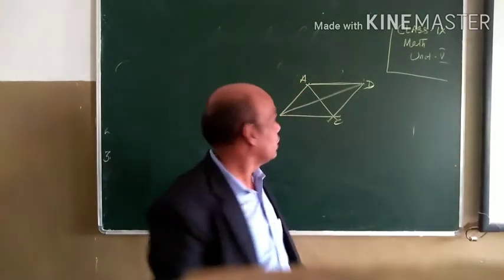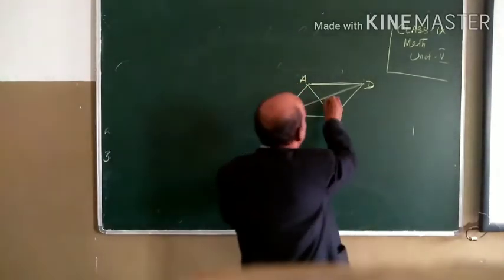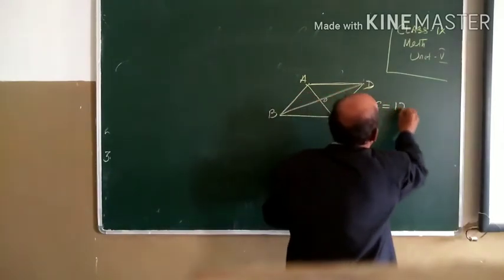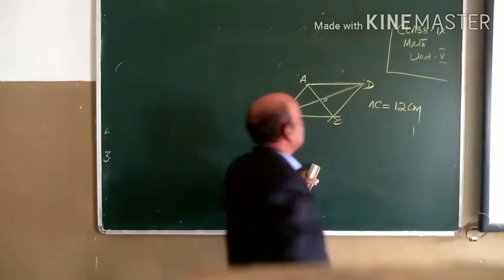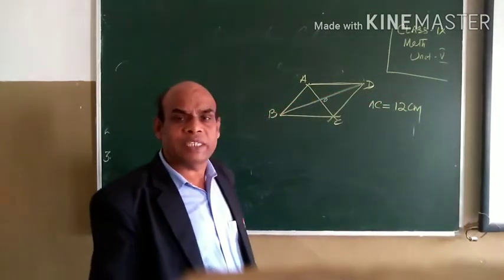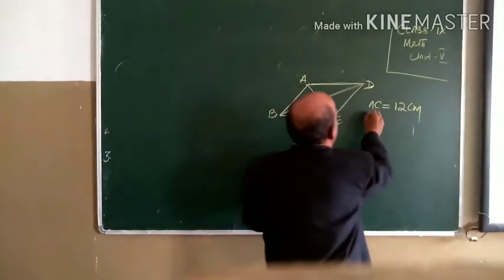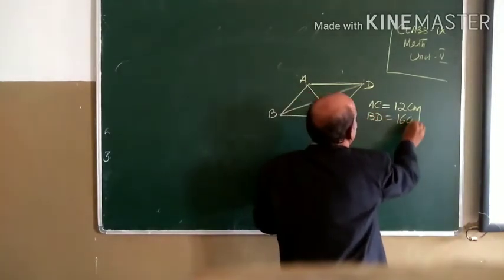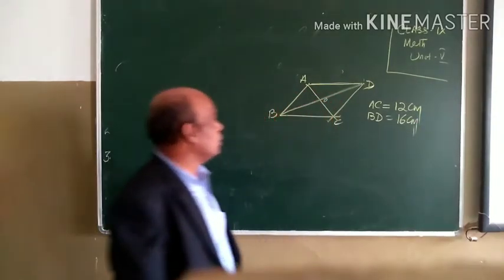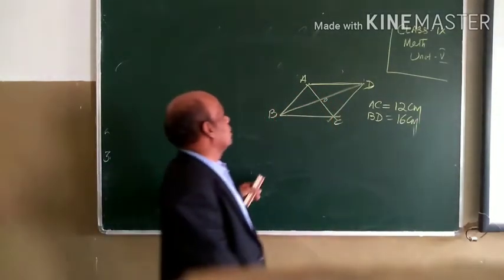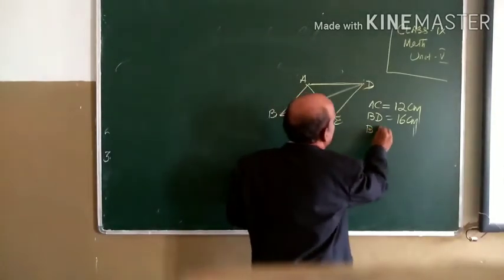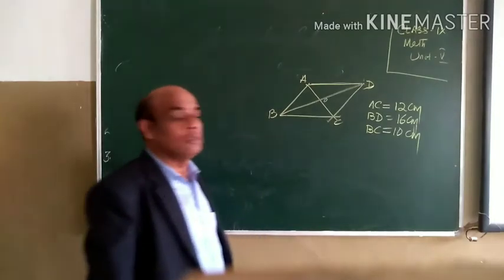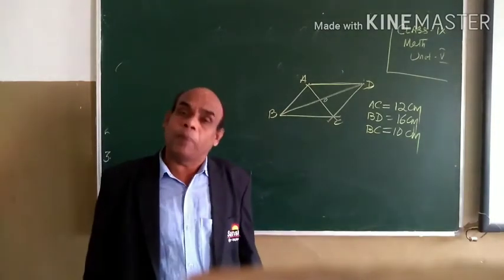Suppose AC is 12 centimeter and BD is given to you as 16 centimeter, and BC is equal to 10 centimeter. You have to find out the area of the parallelogram.